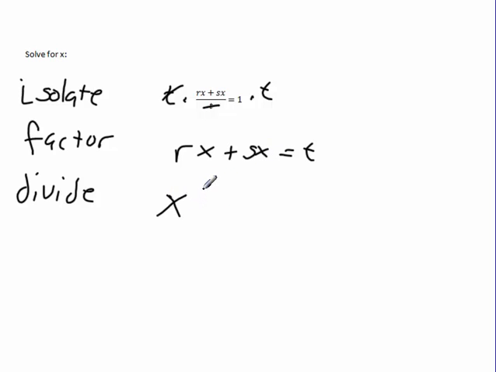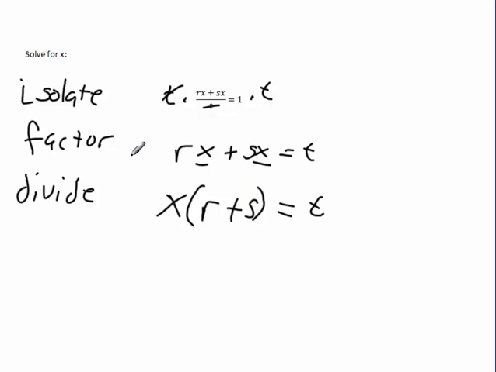So here we have x times r plus s, and that's equal to t. Notice here, this x and this x are common to both the rx and the sx, and I can pull that x out front. Because if I were to distribute this, I'd end up with rx plus sx.